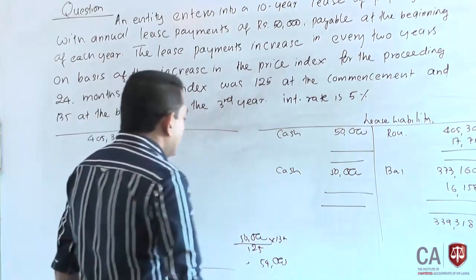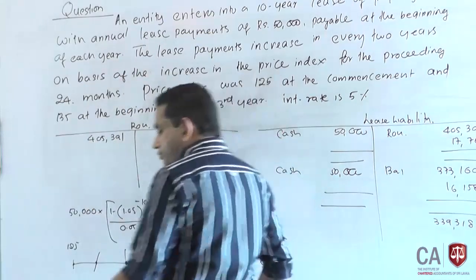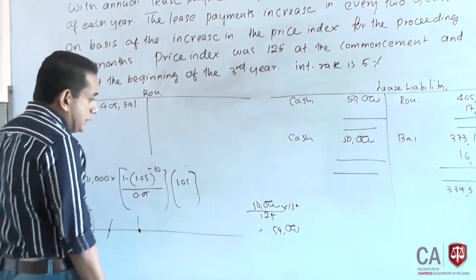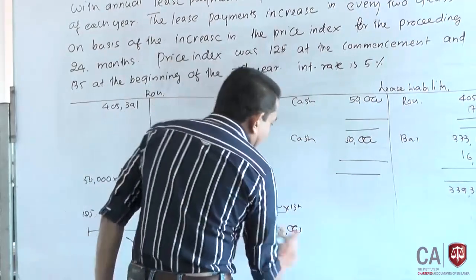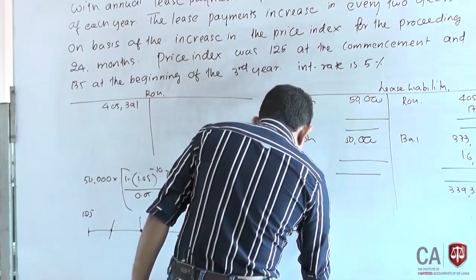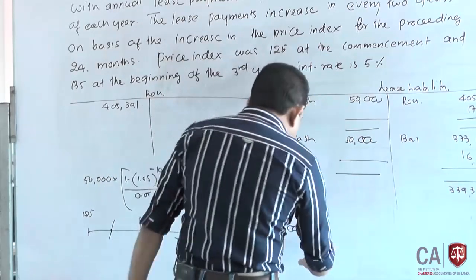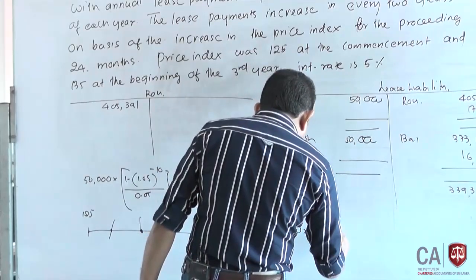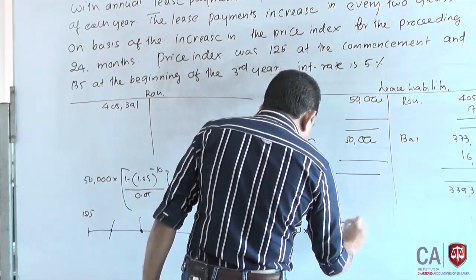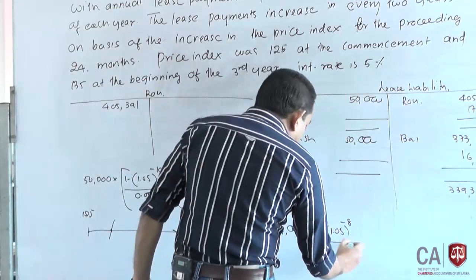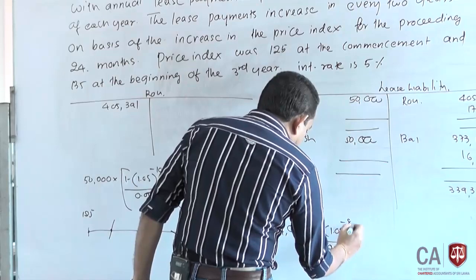So, let us work out the present value of our lease liability at the beginning of the third year. Here, 54,000 into the annuity factor, interest rate remains the same at 5%: 1 minus 1.05 to the power minus 8, the remaining number of years, divided by 0.05.